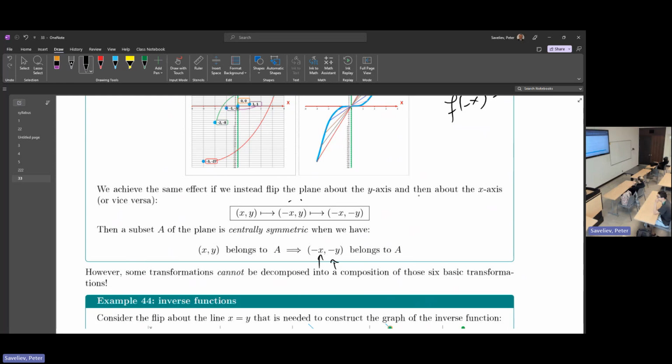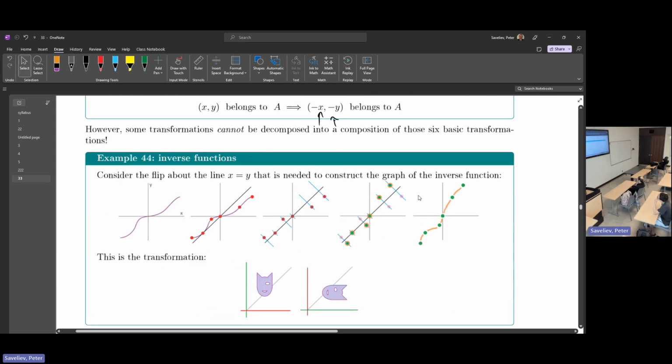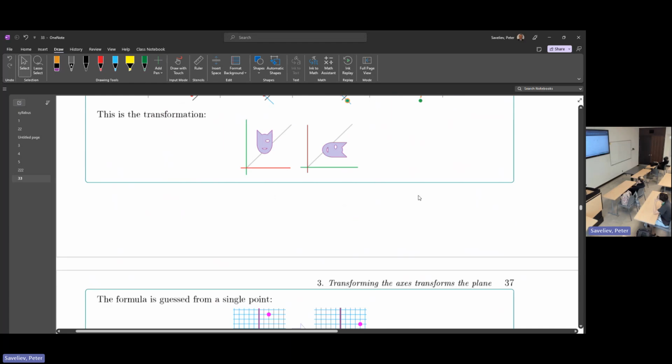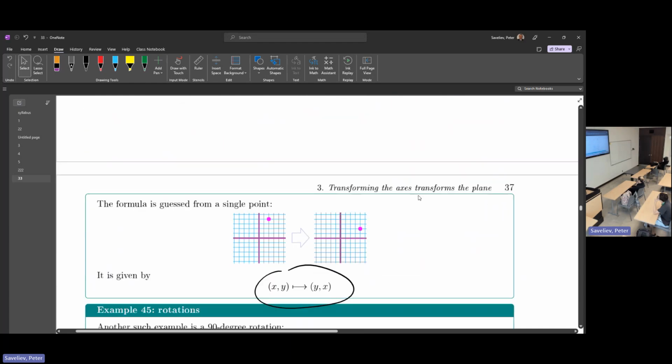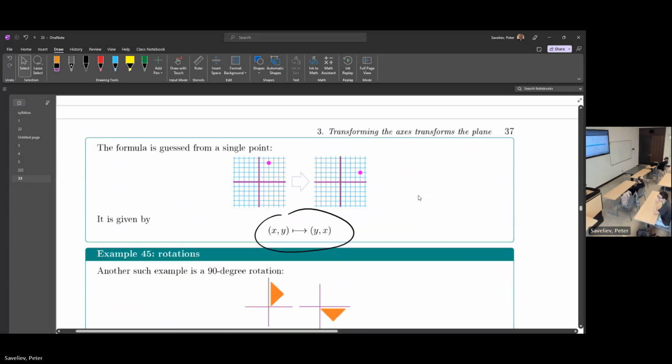In that case, even when executed consecutively, x's go to x's and y's go to y's. But you can intermix them easily. X becomes y and y becomes x, and that's literally what we want from the inverse function: whatever used to be input becomes output. Once again a very simple formula giving you this idea.